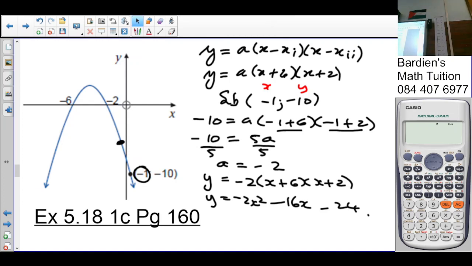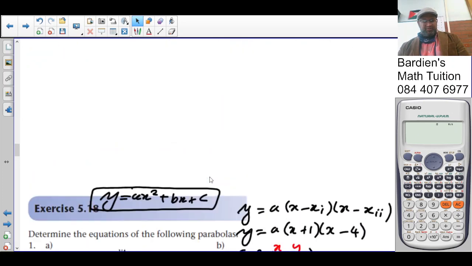Now let's look at the other one. Given the turning point and the coordinates of one other point. This is the example on page 159.